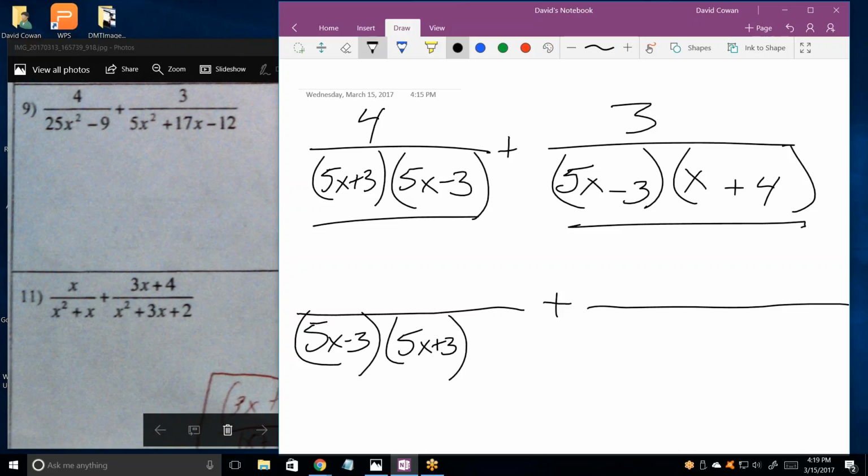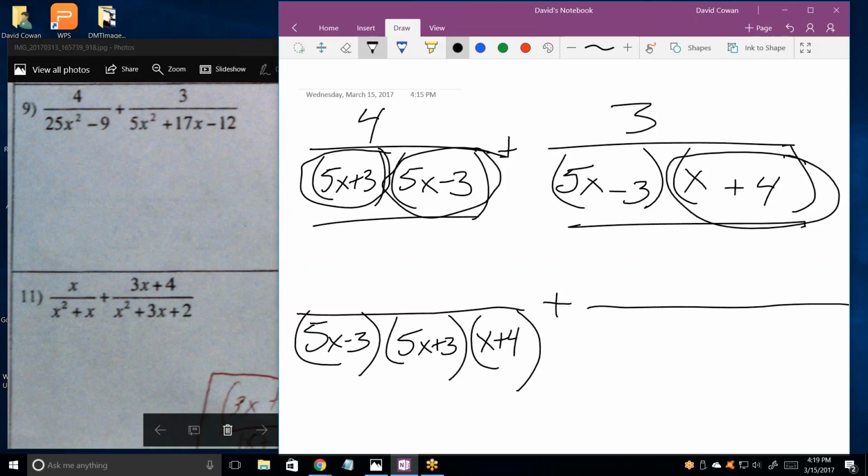And I got to have an x plus 4. In other words, it's not quite the product of the denominators, but it's close. I need to multiply that by that, and then I got this new term over here that I got to multiply it by. I don't have to square the 5x minus 3, because they're the same term.